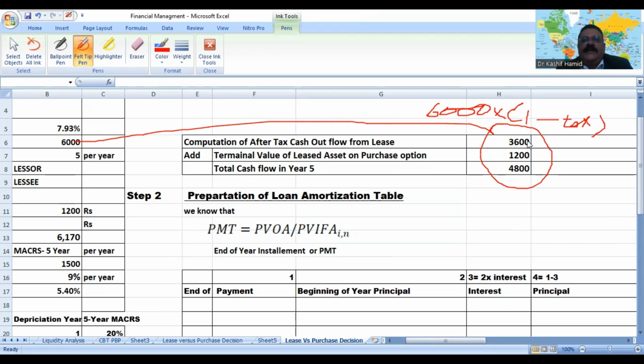That is the 3,600. And then the terminal cash flow we have taken from here, and that we have used here. So both have the sum of 4,800.